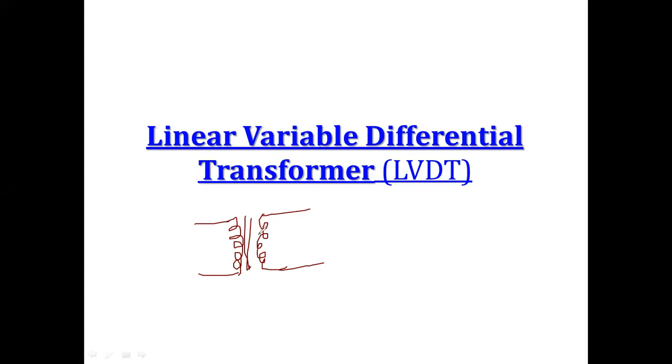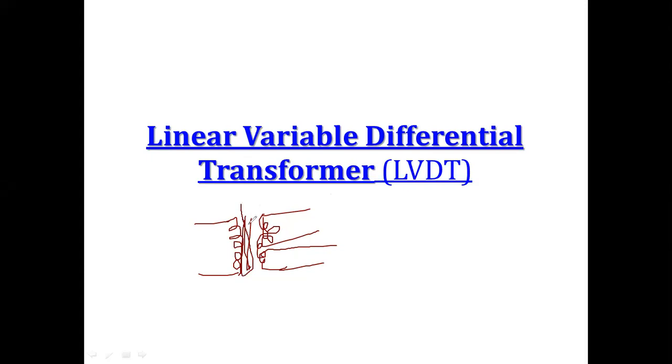So what will happen? A differential transformer means instead of one secondary winding, I will use two secondary windings, 1 and 2, so the output can be differentiated between this one and this one. That is called a differential transformer. Linear variable: we put one iron rod inside.